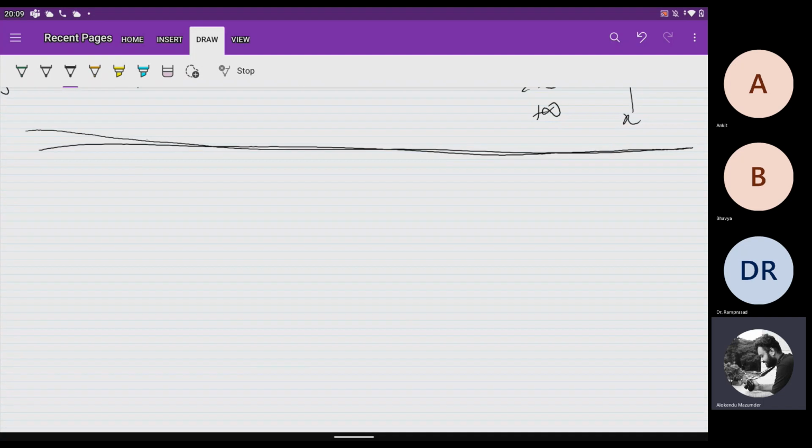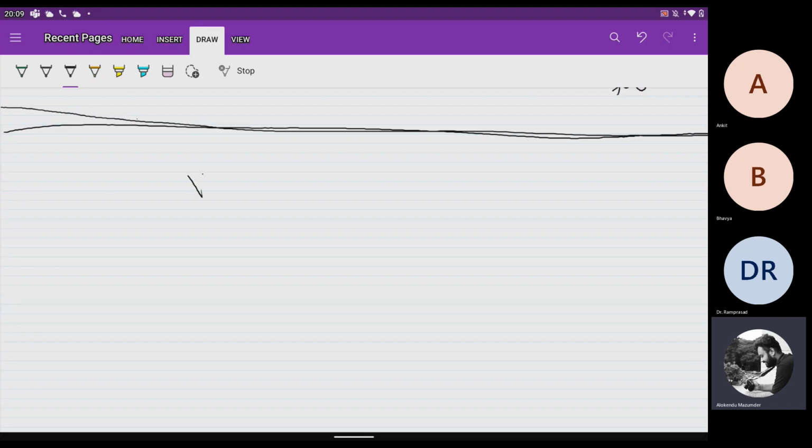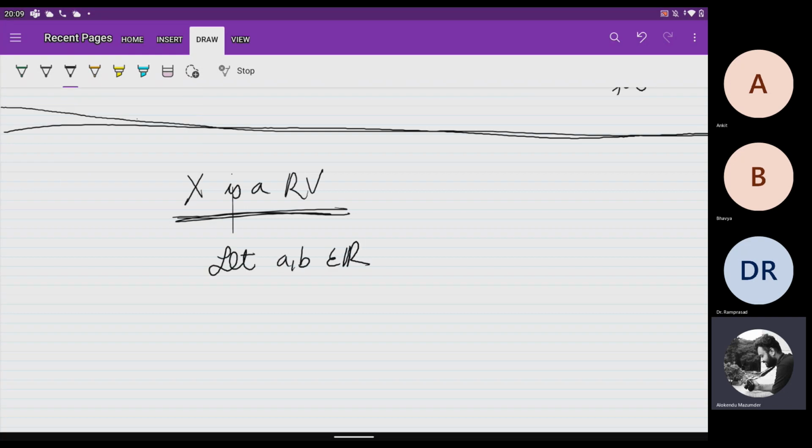So x is a random variable. Now let a, b be some real numbers.